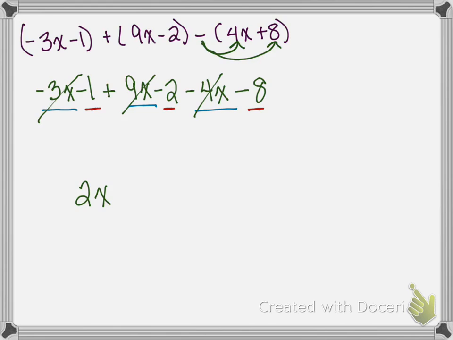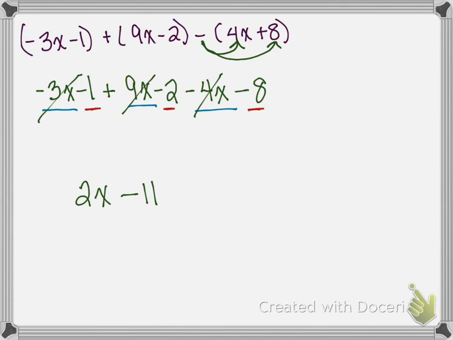So my answer is going to be negative. Because they're all negative, I add their absolute values together. So I've got negative 1, negative 2, and negative 8. And that is negative 11.